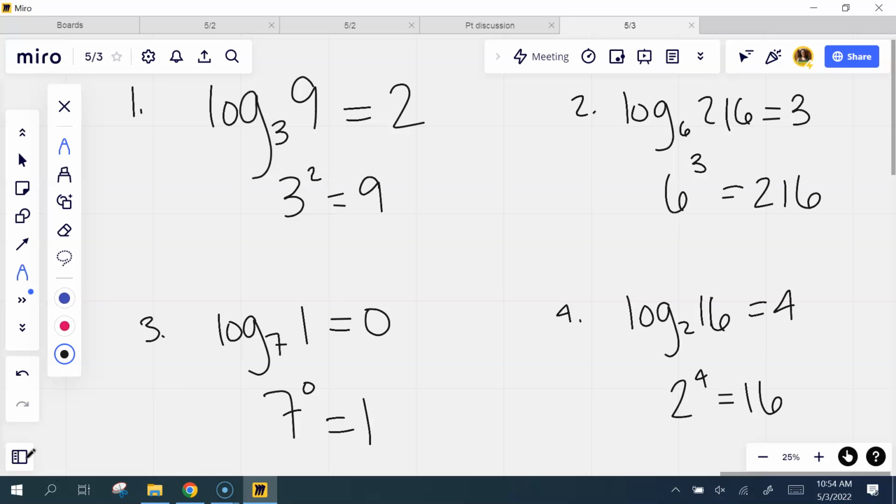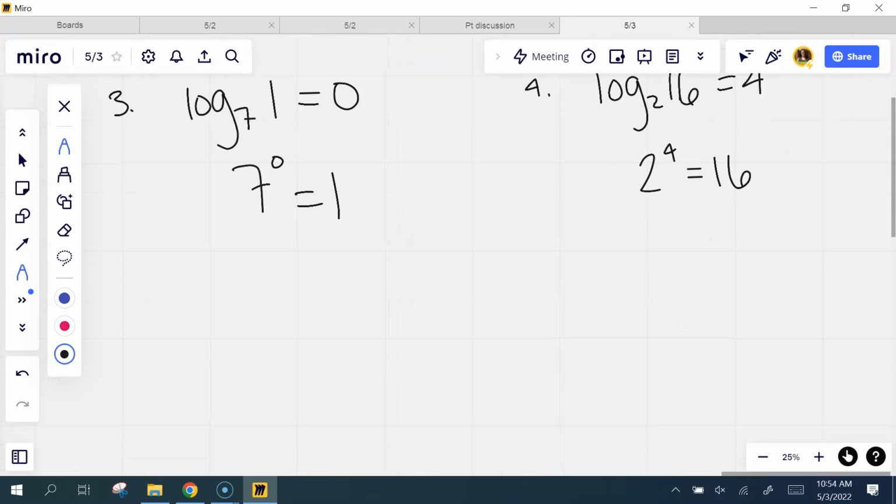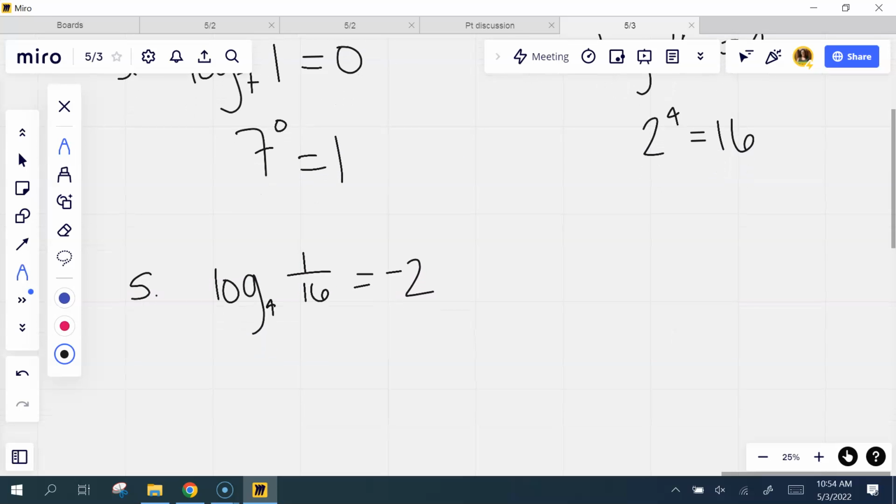Pretty easy so far? It doesn't matter if they're positive, negative, fractions, whatever it is, like number 5. It's the same process every time. What does that look like in exponential form? There y'all go. That's exactly right.